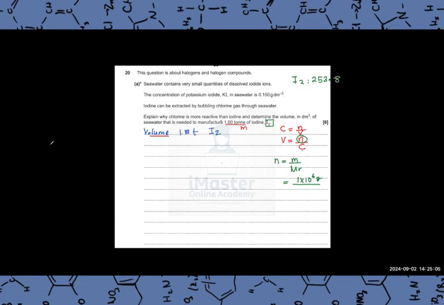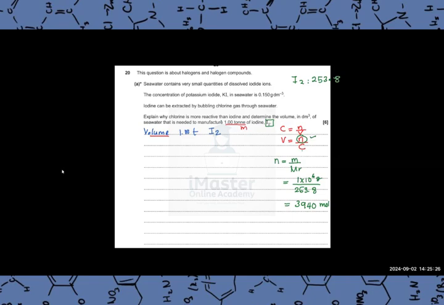Okay, so I'll just substitute that 253.8 here. That gives us the amount, and you had used the calculator initially to find that. That was 3,940 moles, ignoring the decimals. Okay, this amount is found.